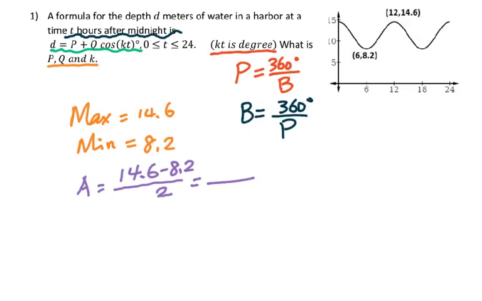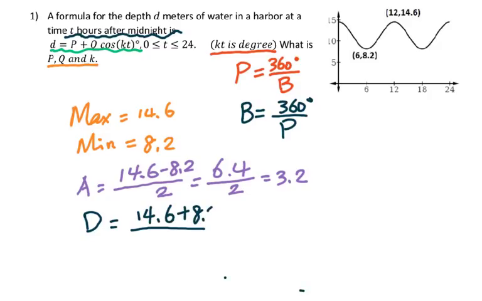That will be 6.4 over 2. That's 3.2. For D, we add these together: 14.6 plus 8.2 over 2. You will get 22.8 over 2. That's 11.4.